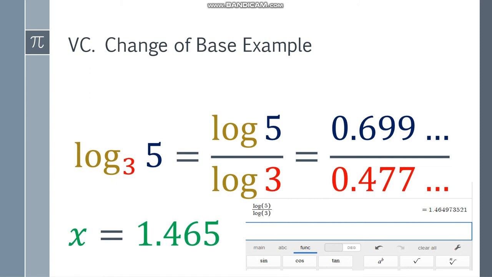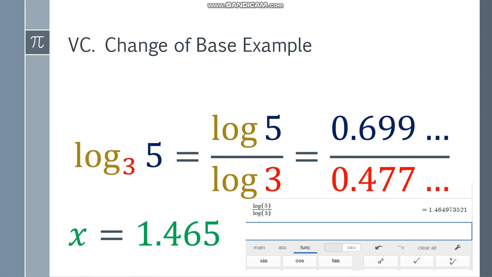So log 5 over log 3, like this. And the calculator says 1.46497351, or the answer will just be 1.465. Okay, rounding numbers depends on your professor or teacher, or on the significant figures of the problem or the word problem.